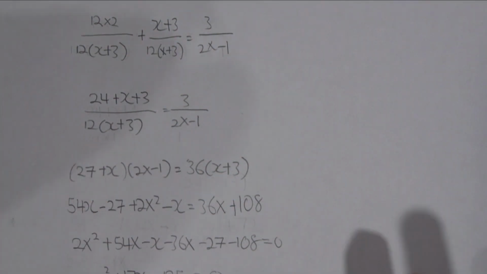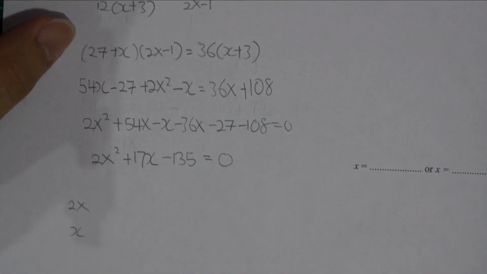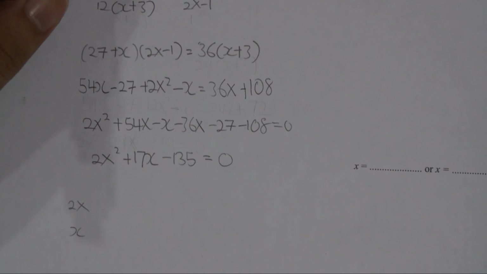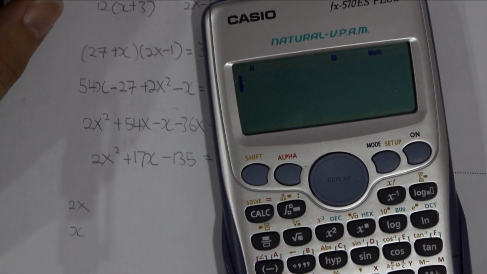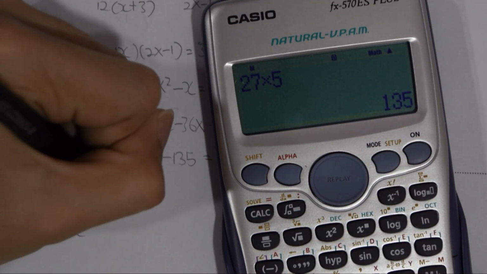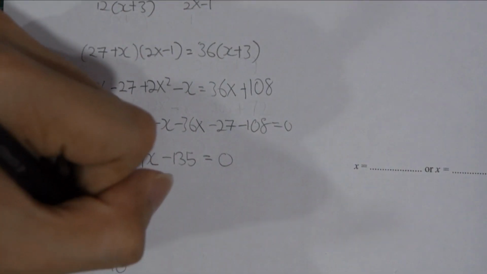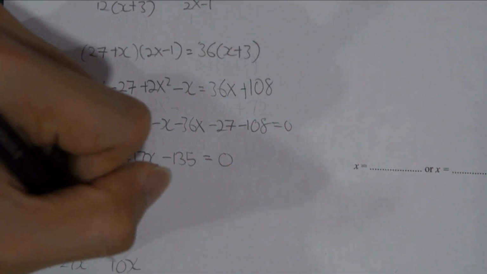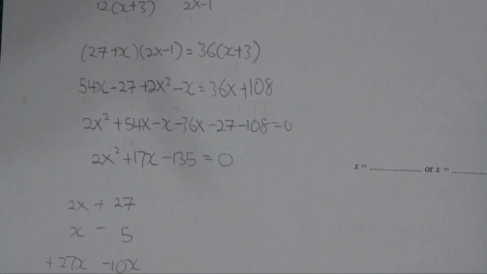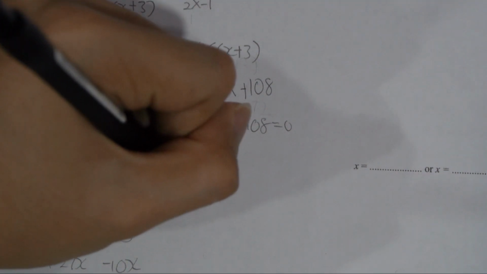So I cross multiply it, then I get 27 and 10x. For the middle part, we actually want positive 17x. I put the positive sign at the 27x and the negative sign at the back. So 27 minus 10x, then I get positive 17x.